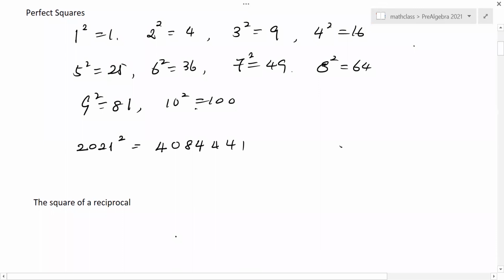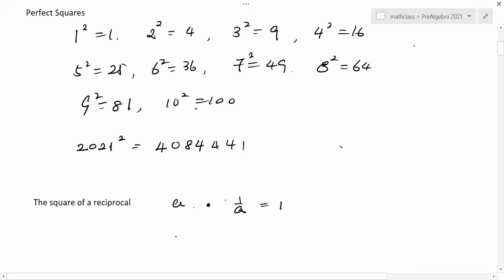All right, and now in the last class, we studied the reciprocal. What is the reciprocal of a number? Given a number A, the reciprocal of A is a number so that the product with the original number is going to be 1.